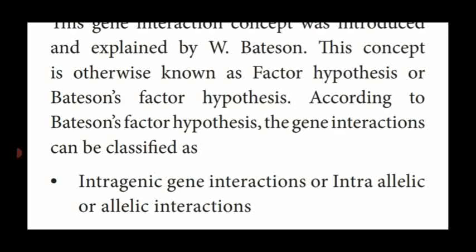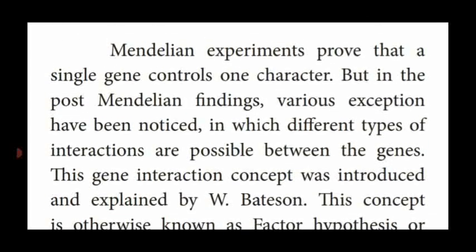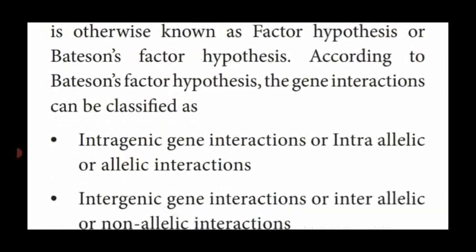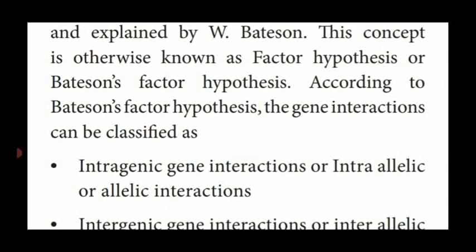This is otherwise known as the factor hypothesis or Bateson factor hypothesis. He proved that a single phenotypic character or external character is controlled by two or more genes with two or more alleles. That is said to be gene interaction.